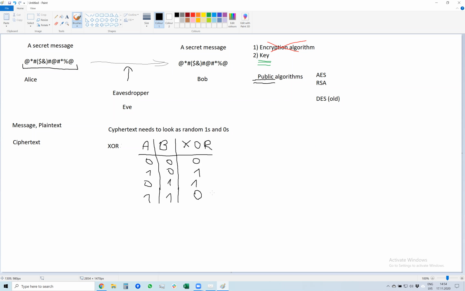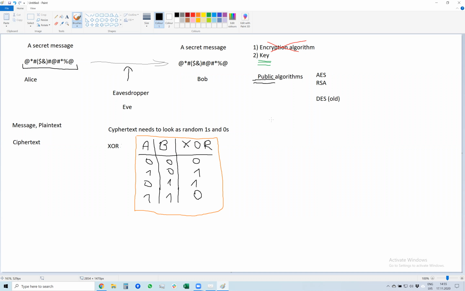So this arithmetic binary operation is used in cryptography, and it can be interpreted in several ways. So this is basically a definition of XOR. So this is the XOR function. 0 XOR 0 is 0, 1 XOR 1 is 0, and if the inputs are different, then the output is 1.